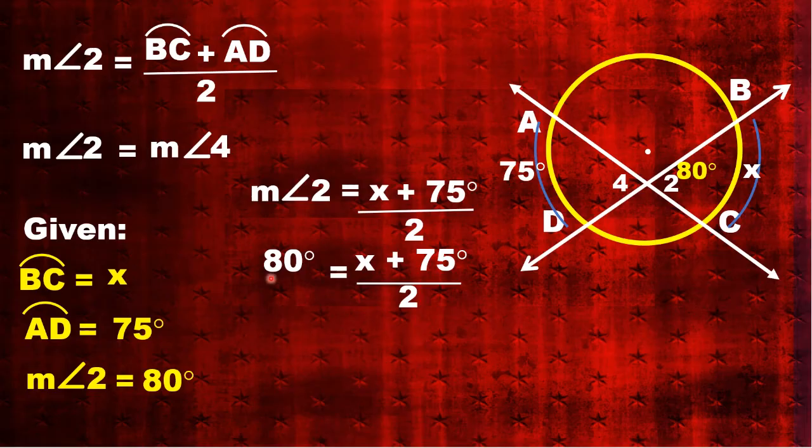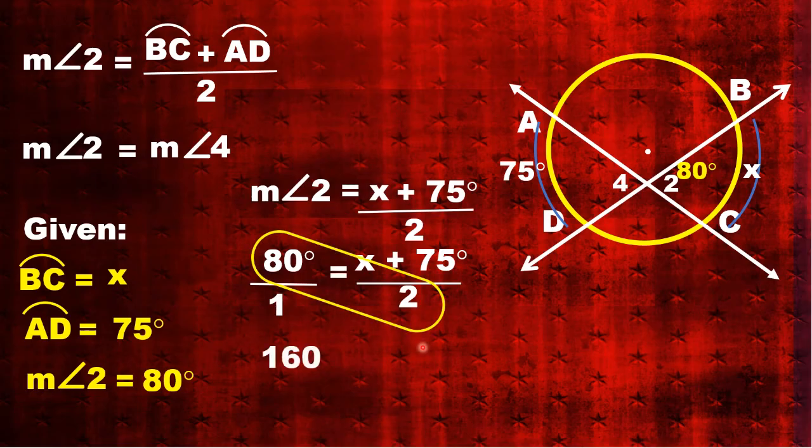So, paano nga natin sinasolve yan kapag may denominator? Right, by cross multiplication. So, 80 times 2 is 160. And 1 times x plus 75 is just the same as x plus 75. Okay, again, by addition property, we have to subtract 75 on both sides.